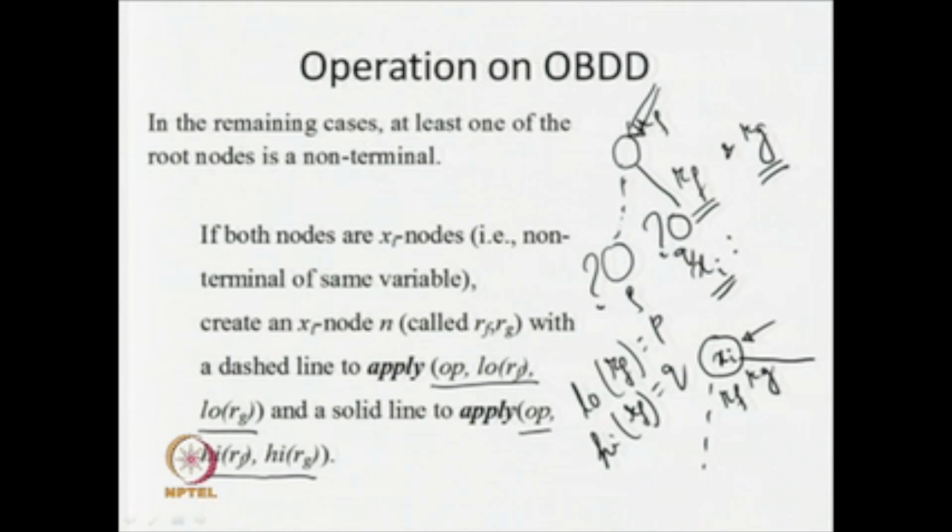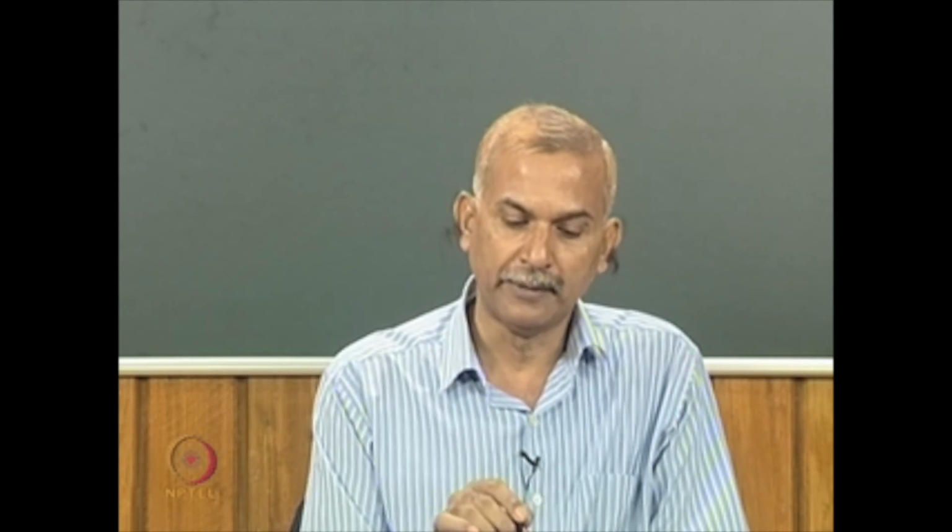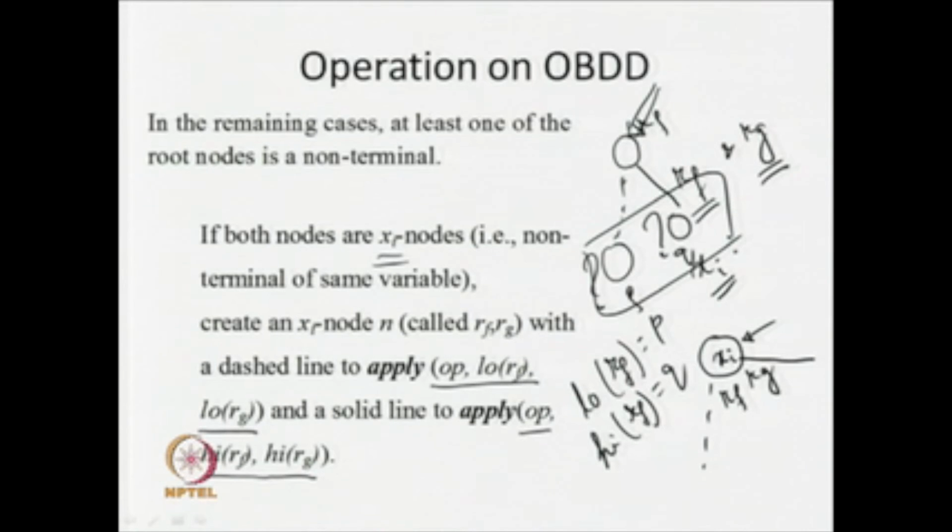So, whatever we are having, this is the dashed line and this is the solid line, and to take the decision, we have to look for those particular sub BDDs. So, that is why we are saying that we are going to apply the operation on low of RF and low of RG, and in case of high of RF and high of RG. So, if both are labeled with the same variable xi, then we are going to follow this particular rule.